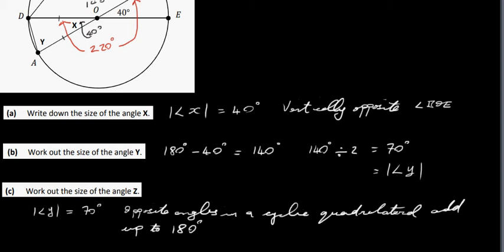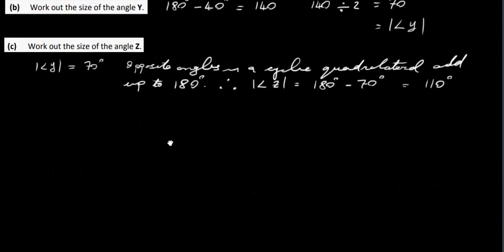Okay, so opposite angles of a cyclic quadrilateral add up to 180 degrees. Therefore, angle Z is equal to 180 degrees minus 70 degrees, which is equal to 110 degrees. And that's really it for question 1.